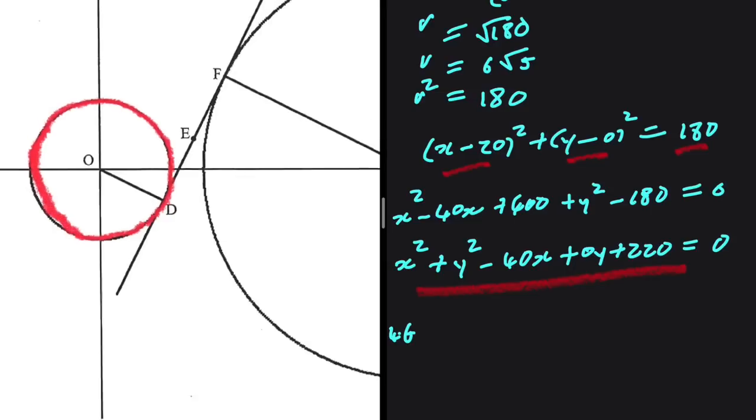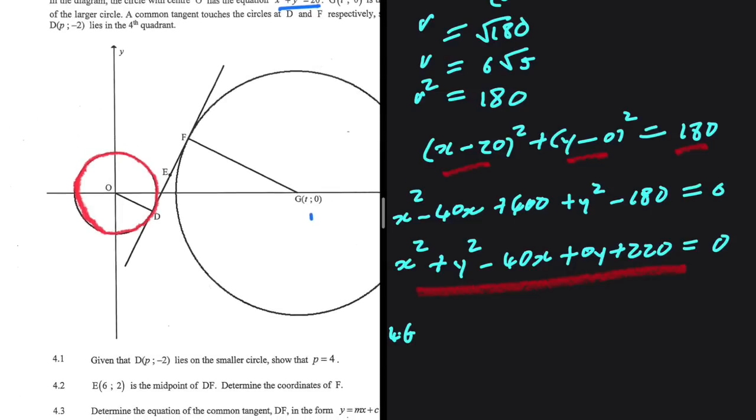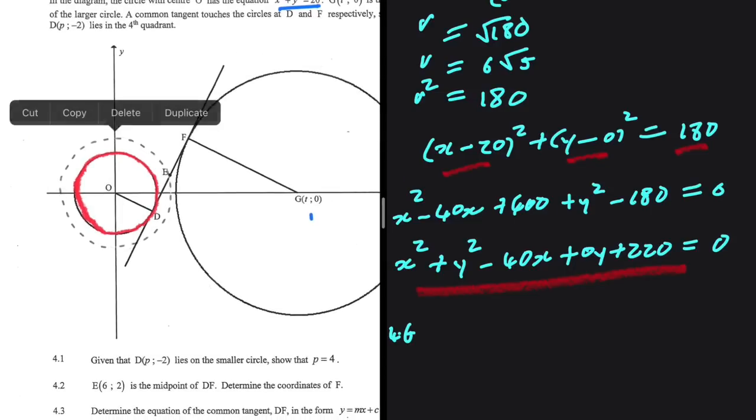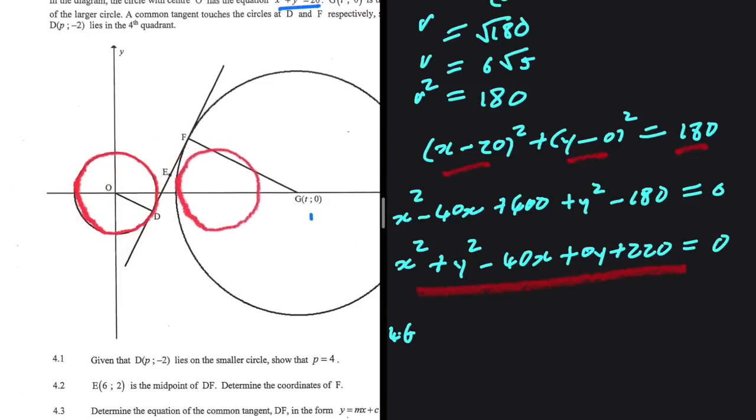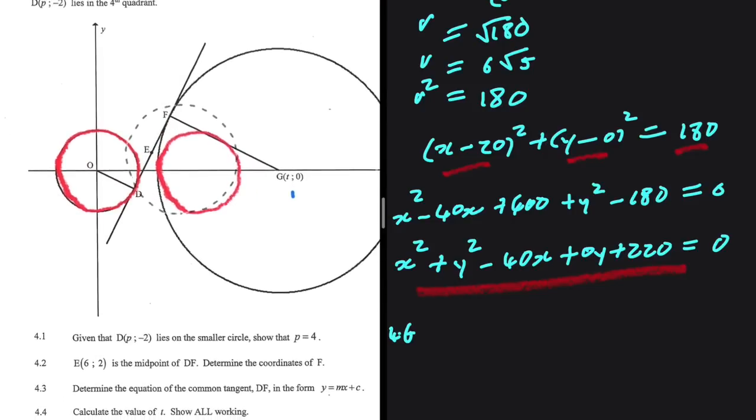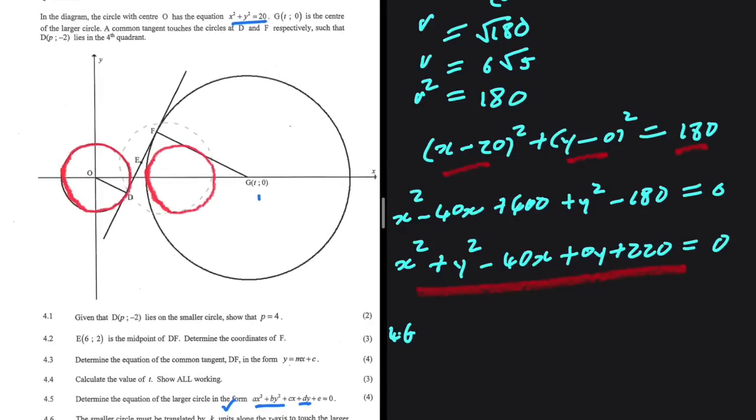Now I want to duplicate it, and then leave it there. So when this circle is positioned like that, the larger circle and the smaller circle are touching internally.